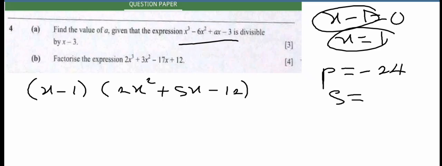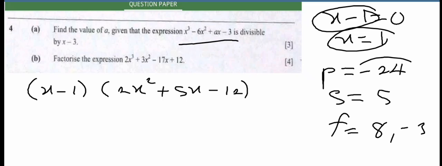Then the sum, the value of b, which is positive 5. Then when it comes to the factors, we can say we have positive 8, negative 3. Why are we saying positive 8 and negative 3? If you multiply positive 8 multiplied by negative 3, you are going to get negative 24. Then if you add them, you are going to get positive 5. So those are the factors.